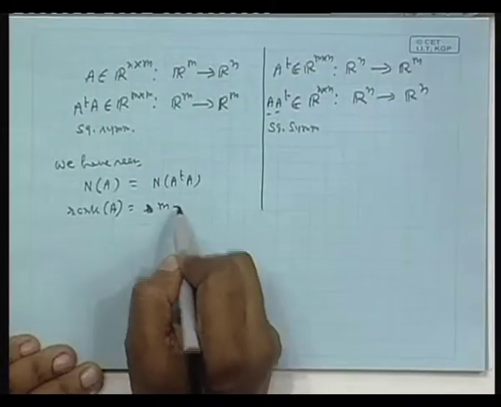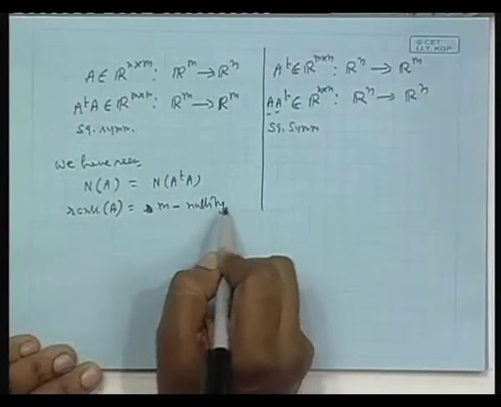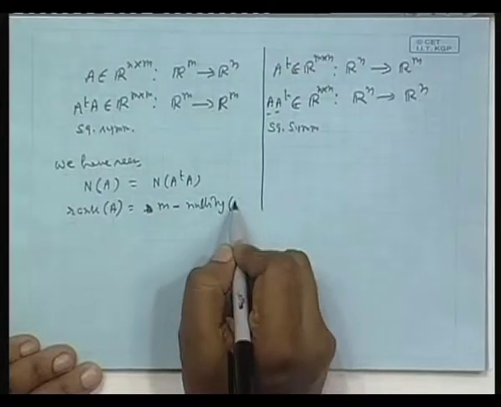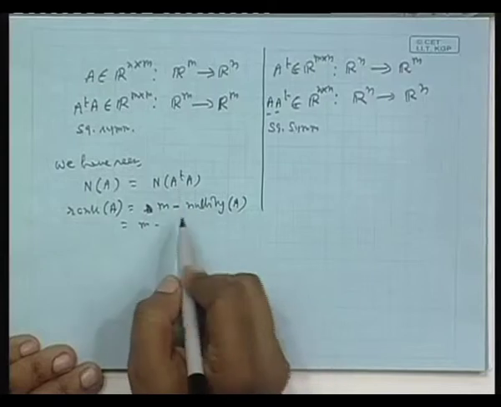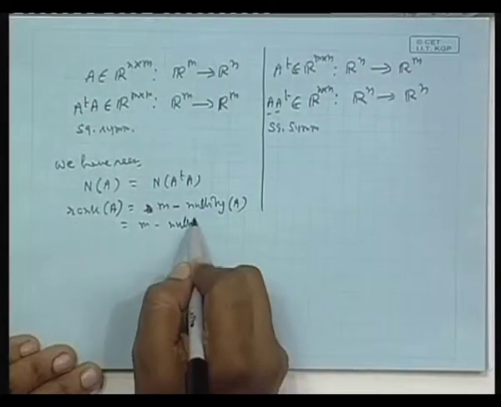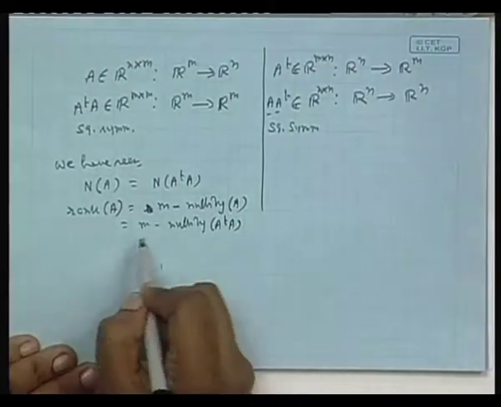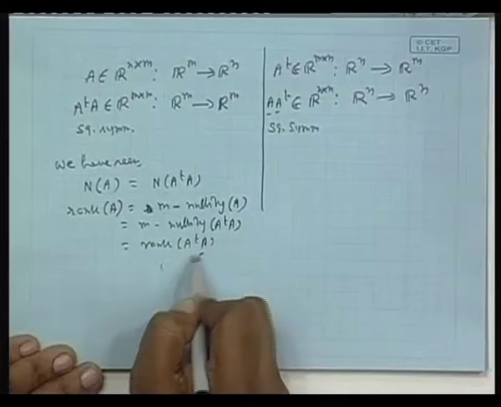That is, in case you have forgotten, m minus nullity is the dimension of the null space of A, but the null space of A and the null space of A transpose A are the same. So, m minus nullity of A, as well as nullity of A transpose A, because the two spaces are the same, so their dimensions are the same, and this is equal to rank of A transpose A. This you have seen in the previous class.